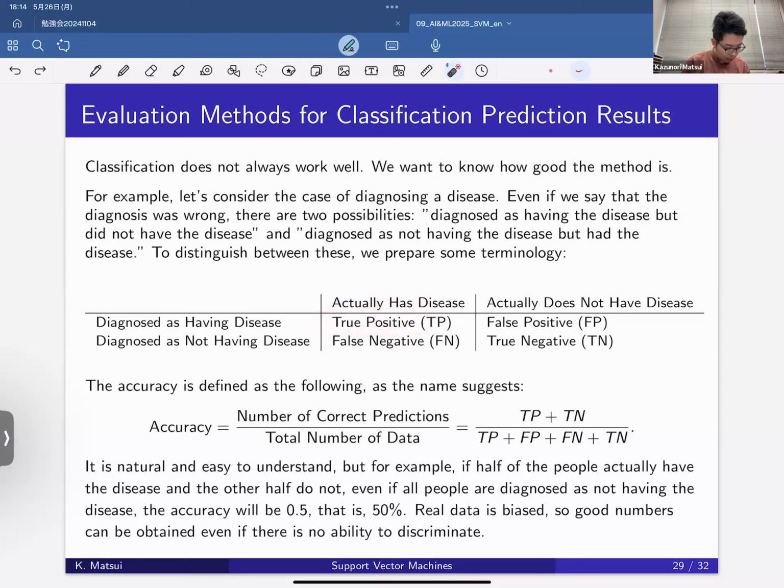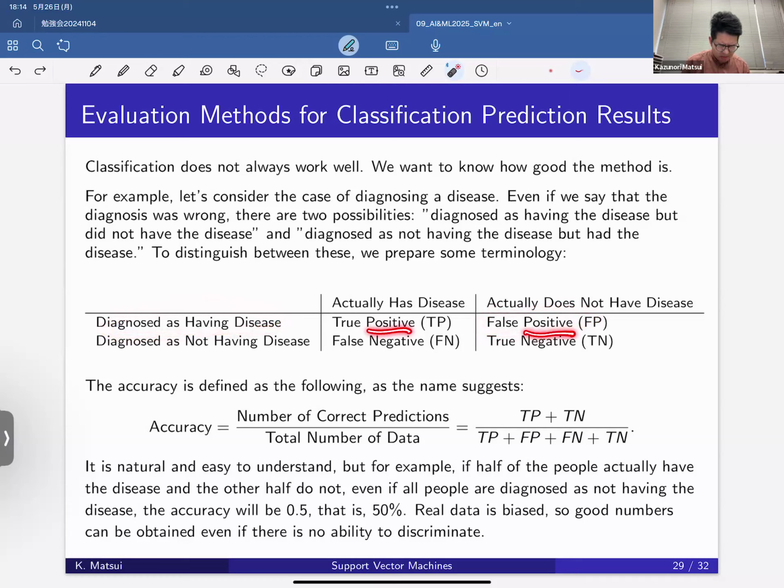When we diagnose as having the disease, but the person actually doesn't have the disease, we call it false positive. In other words, when we diagnose as having the disease, we get a positive reaction.